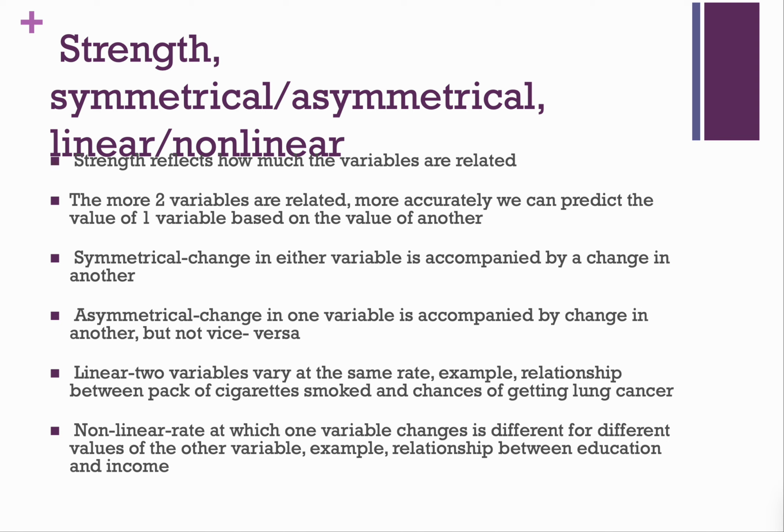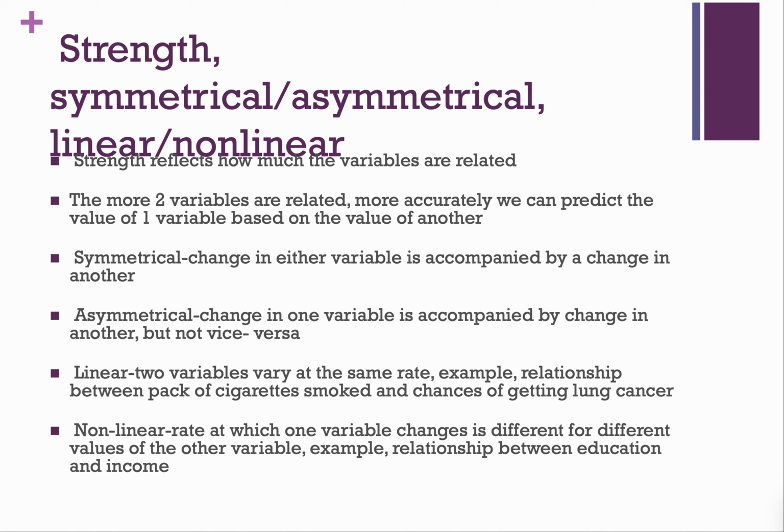So that is showing the strength of the relationship. The more two variables are related, the more accurately we can predict that a change in one variable can cause a change in another variable.